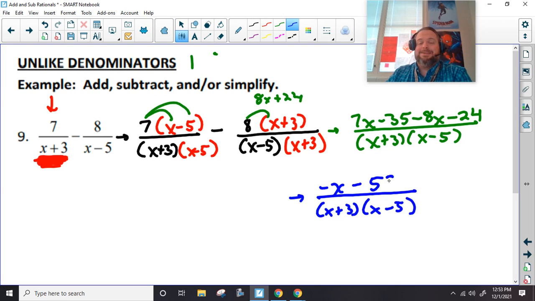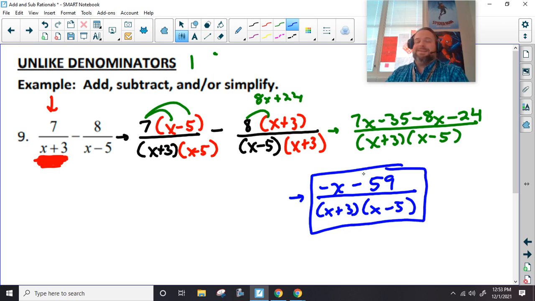Yes, it is 59. If you were to rewrite this, it's 7x minus 8x minus 35 minus 24. Some people have to write that, which is absolutely fine, not a big whoop.